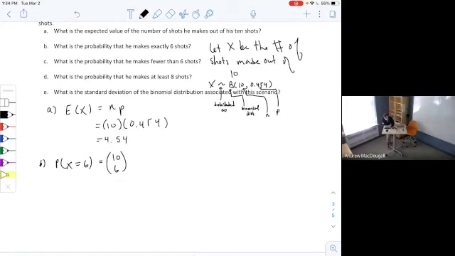I can review with you in a moment. Times P to the 6, times 1 minus P to the power of 4. Right, this is the formula. And it looks like, according to the group at the back, it's correct.